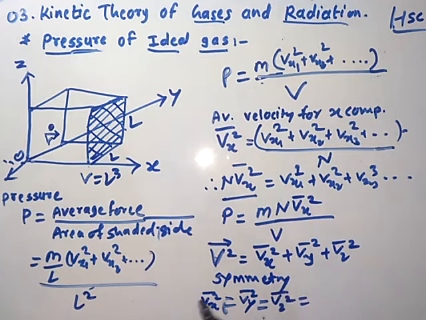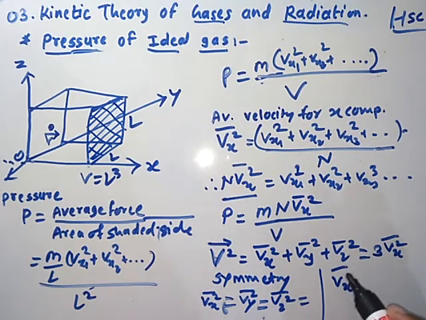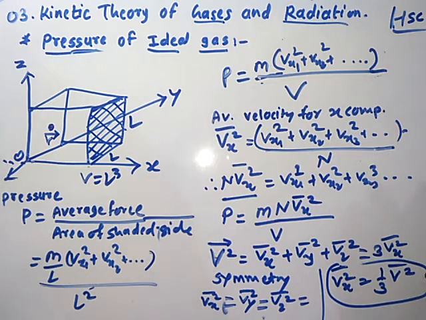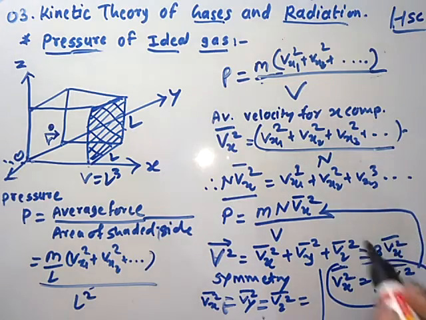So in this equation we can write 3 times vx bar square. So this 3 goes to the left-hand side, and vx bar square becomes 1 upon 3 v bar square only. Now this value is put in place here.